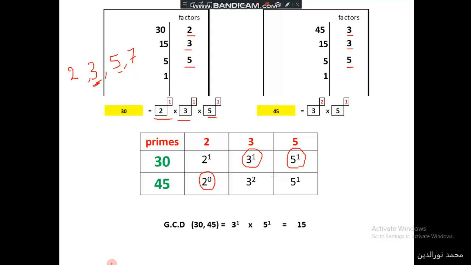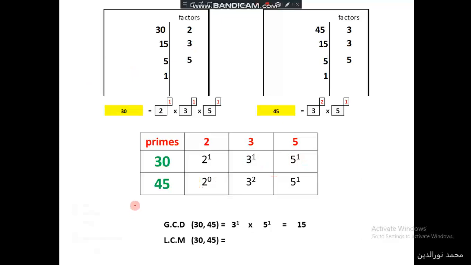And then to find the LCM, the least common multiple of 30 and 45, we take the prime numbers with the highest degree. We have 2 to the power 1, 3 to the power 2, and 5 to the power 1. We multiply them together, which equals 90.